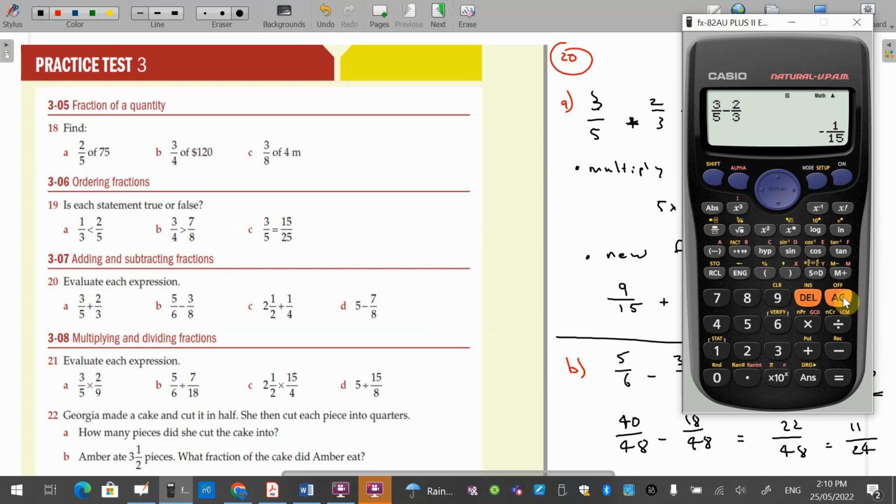Oh, let's try that again. We're doing this one. 5/6 minus 3 over 8. That's better. 11 over 24. Oh, yep, there we are. We have made it.